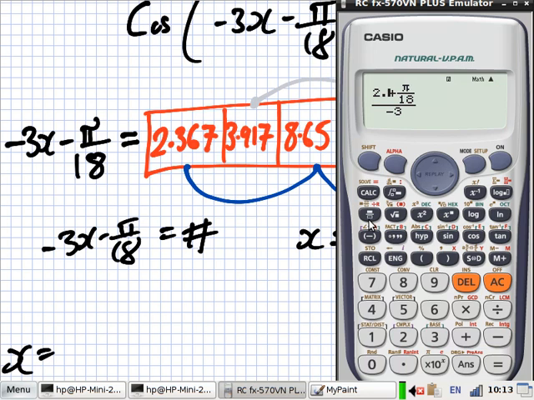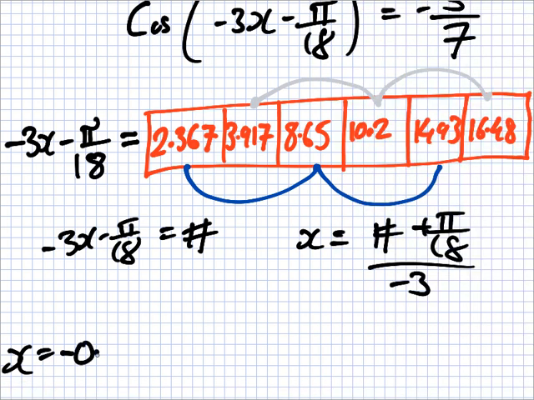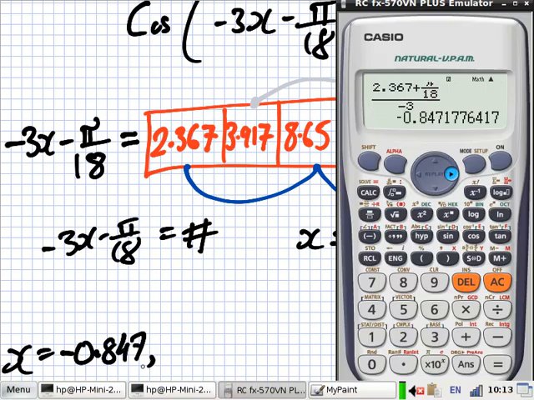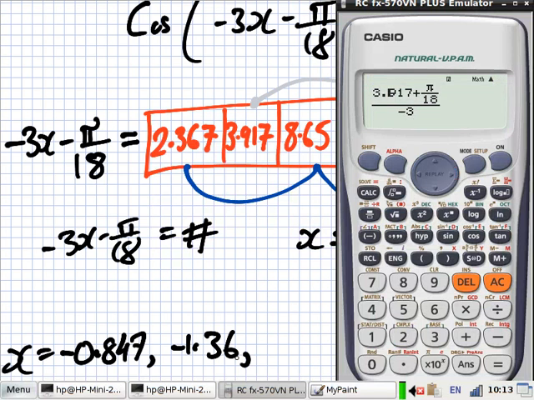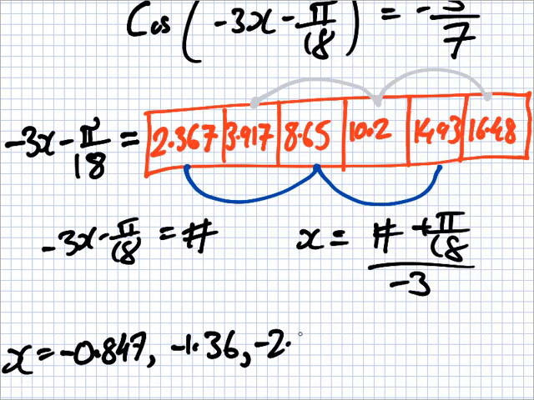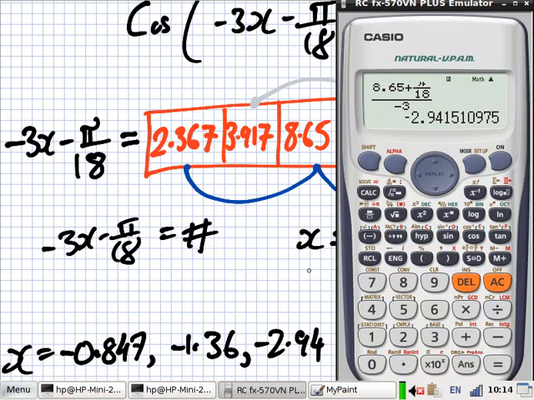Yeah. 2.367, minus 0.847. And then the next one, 3.917, minus 1.364, minus 1.36 if I do 3 significant figures. 8.65. Shouldn't it be minus 1.367? It's 37 instead of 36. Did I mistype for the second one?